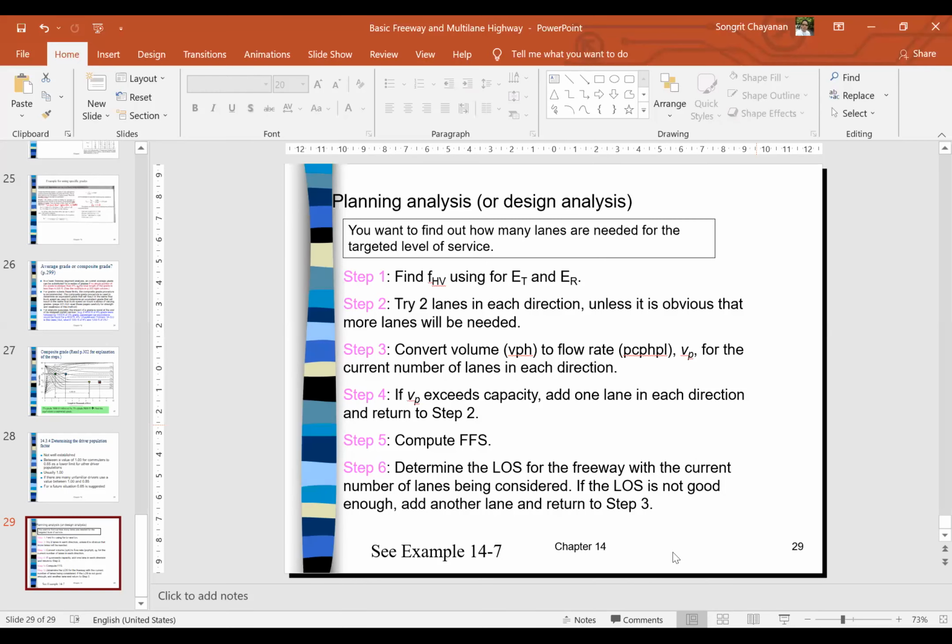Now we're going to go into the details a little more on the example.